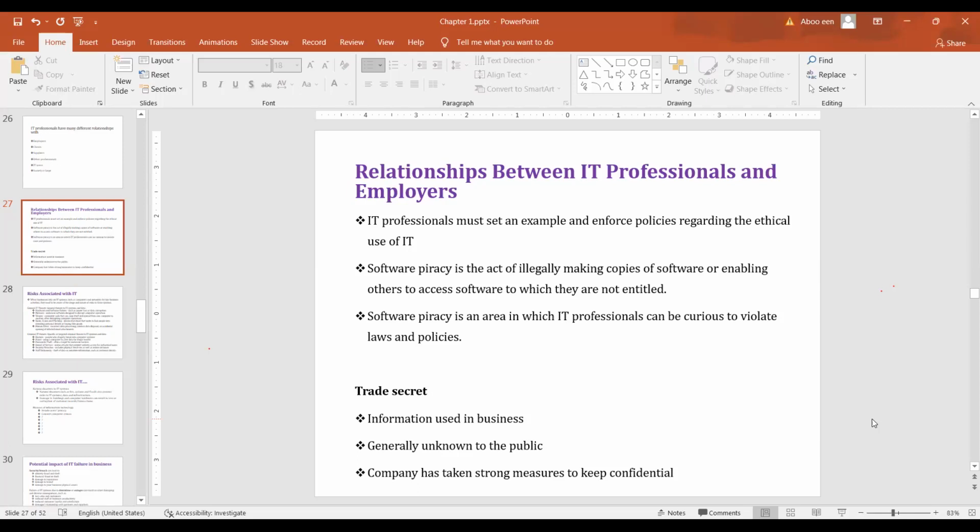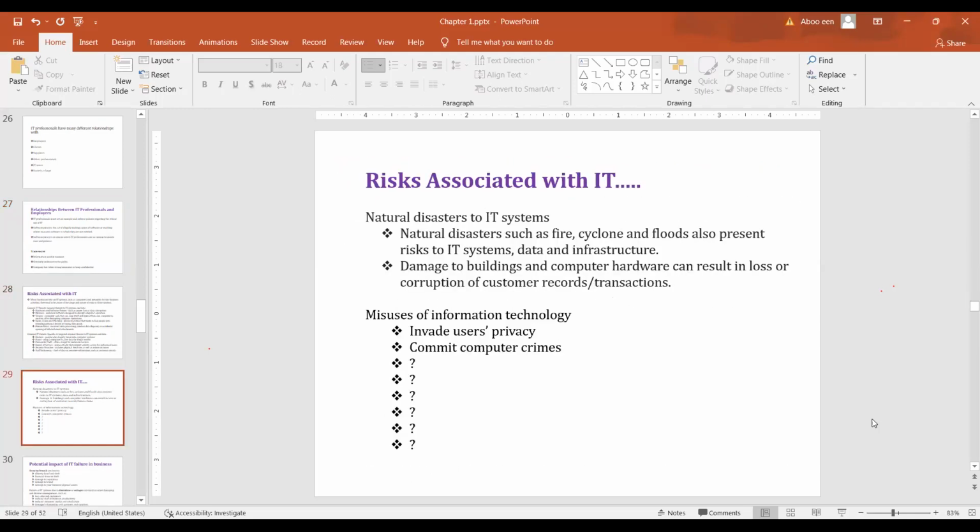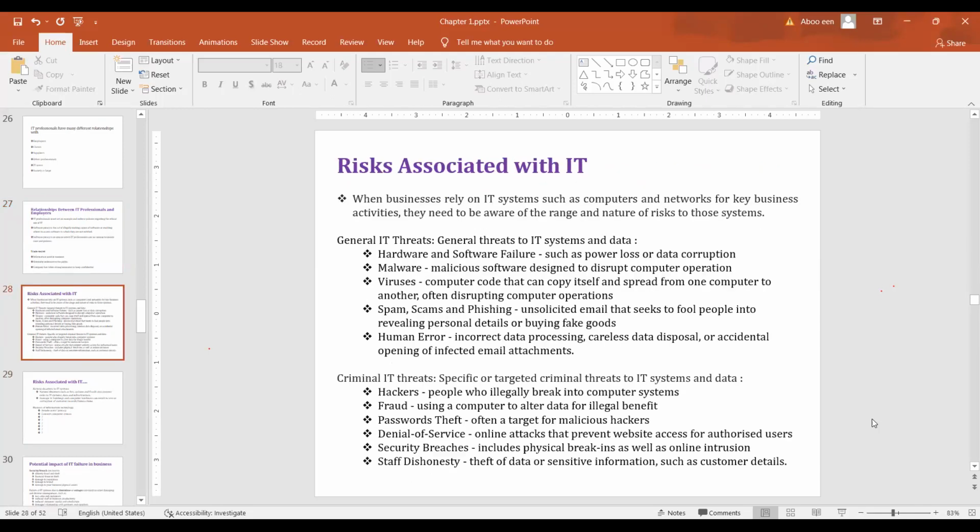Getting a power cut. A power cut can be listed under natural IT-related risk, that is, natural disaster or natural IT-related risk.